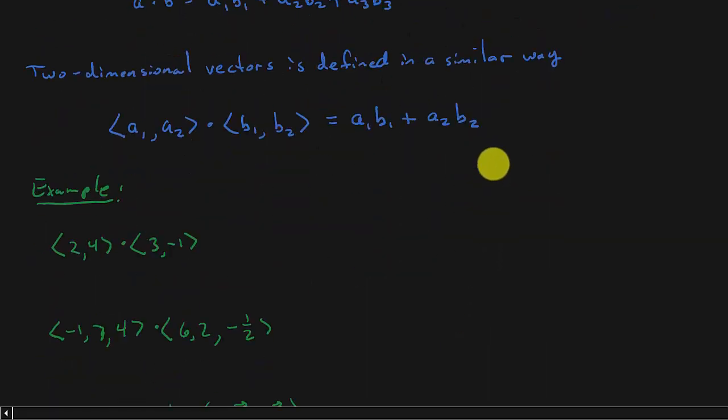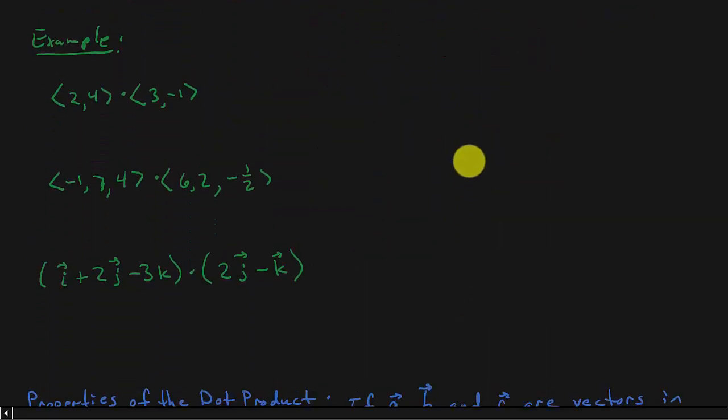Let's look at these examples. If we look at this first one, that's going to give us 2 times 3 plus 4 times -1, and that gives us 2 as an answer. That'd be 6 plus -4 is 2.